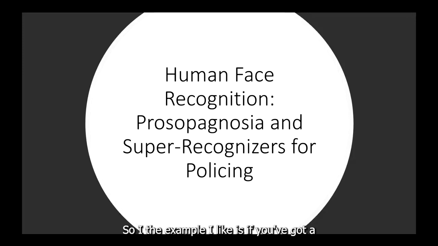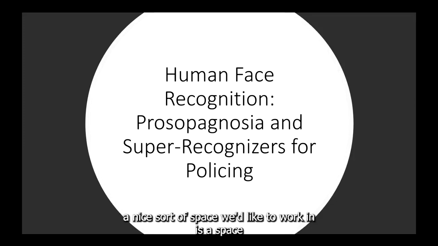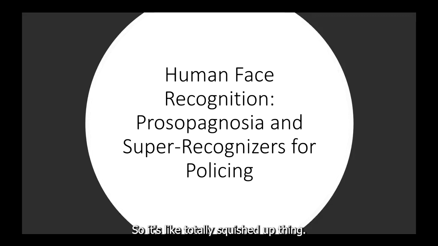The example I like is that a nice space we'd like to work in is flat and Euclidean, like a sheet of paper. But if you get a sheet of paper and crunch it all up, that's the space we're presented with in most learning problems. It's a totally squished up thing.